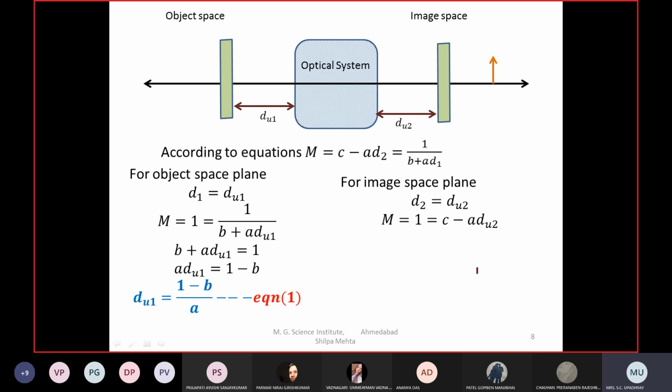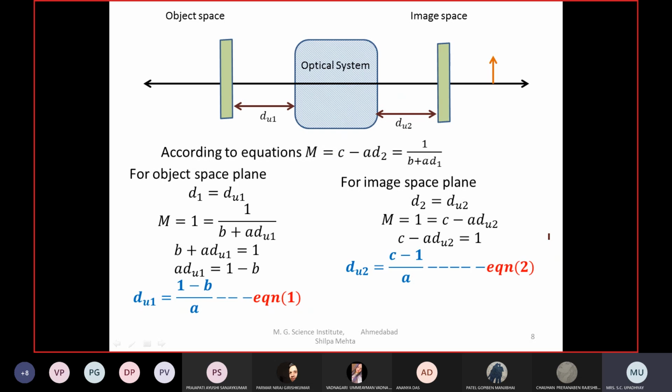Now we can also find out the value of du2 using this equation. Simplifying this equation, we get du2, the position of the unit plane, equal to c minus 1 upon a.